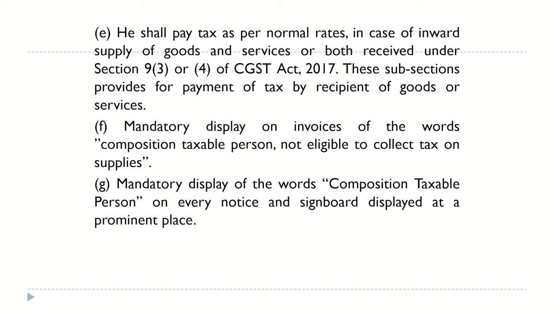A person can be registered under the composition scheme only if his aggregate turnover in the financial year did not cross or exceed 1 crore rupees in normal states and 75 lakh rupees in northeastern states. Only such people are eligible to register under the composition scheme.